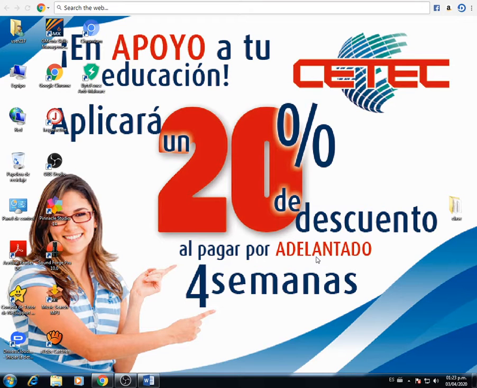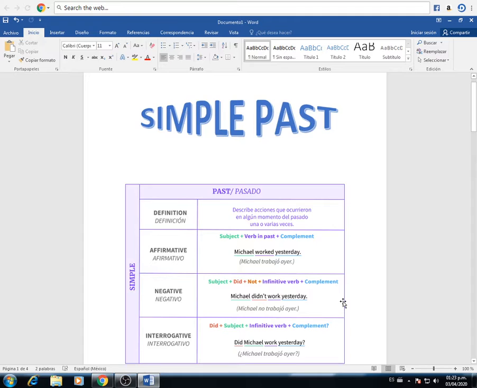Ok, chicos, vamos a empezar con nuestra clase y hoy vamos a ver lo que es el pasado simple. De hecho, en su libro de inglés, en la page number 19, en la página 19, you can look at the title of the reading.